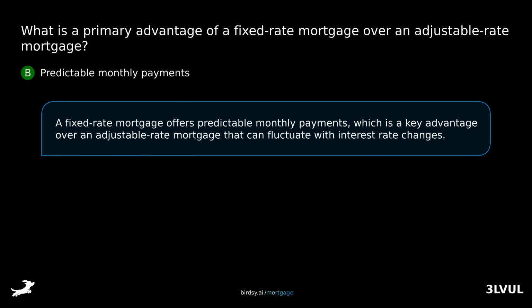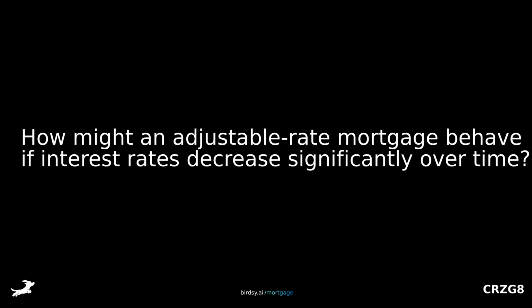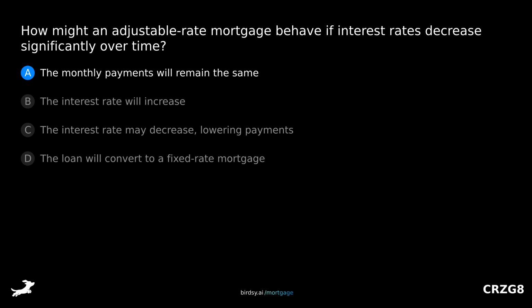How might an adjustable-rate mortgage behave if interest rates decrease significantly over time? Is it A. The monthly payments will remain the same, B. The interest rate will increase, C. The interest rate may decrease, lowering payments, or D. The loan will convert to a fixed-rate mortgage?